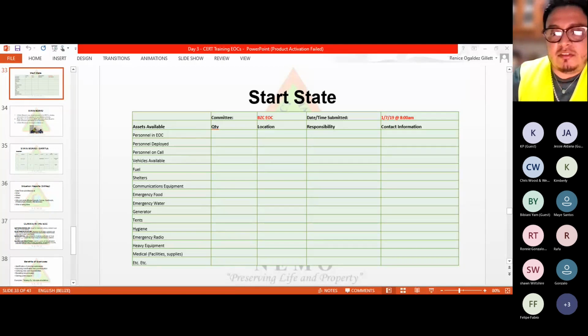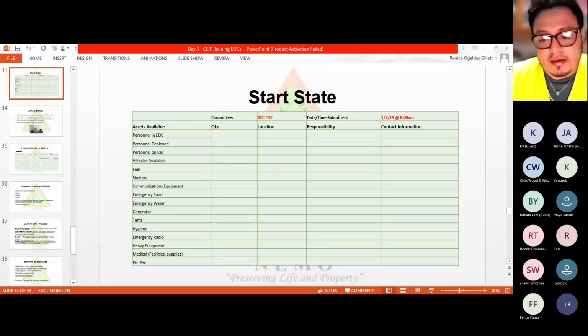In the Nemo zone management system, we do have 30 fields to fill out, and this includes all of this with the exception of fuel and tents. But we have more fields that we need to fill, and each village should, well, they have for 2021, so this 2022 will make sure that they update it, and there should be constant updating every year.